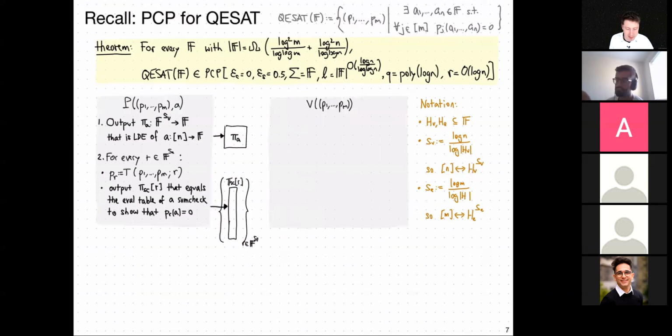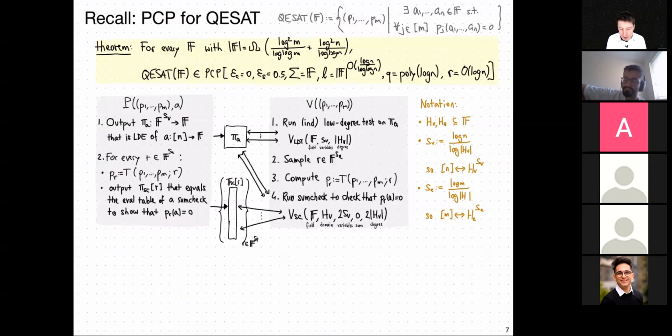The construction was pretty simple. The prover basically says, let me low-degree extend the assignment, so here's the low-degree extension output. Then for every possible choice of a certain random string, it bundles up the m equations into one quadratic equation and outputs a sum-check tree for the claim that this quadratic equation at A, the candidate assignment, is 0. You should have seen this today.